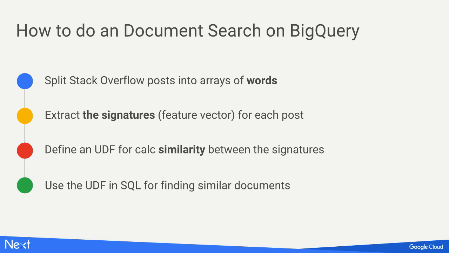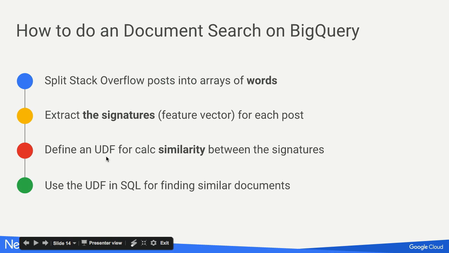To implement this, we did the following. At first, you split all the statements into words, and then you extract the signatures. By signatures, I mean the feature vectors for each post, that represent the content inside each post. And you can define a user-defined function.